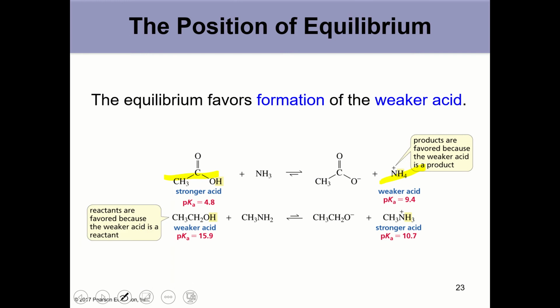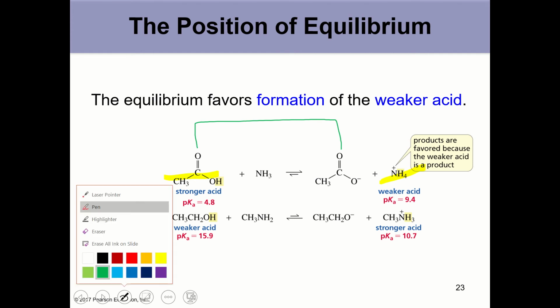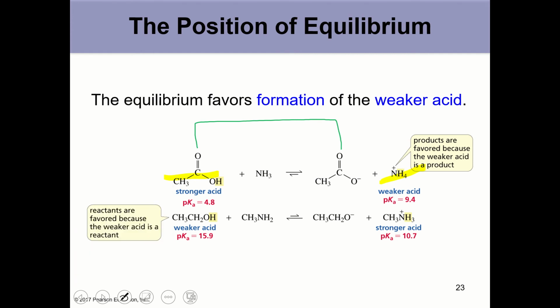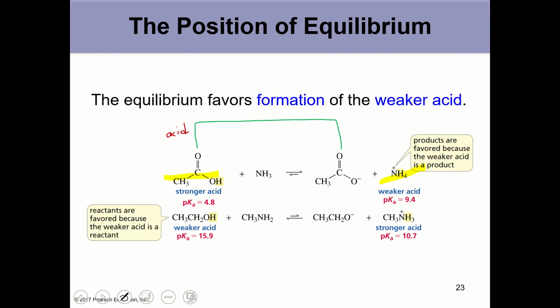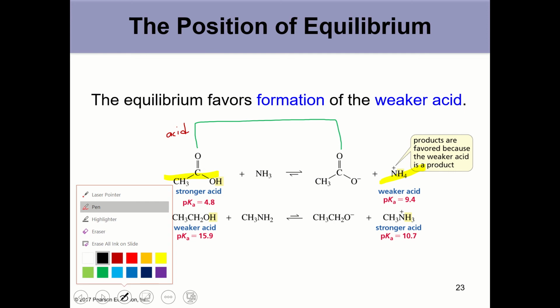So first identify the molecules that only differ by one hydrogen. Then looking at those two, you can label the one that has one more hydrogen than the other as the acid, and the other, which has one less hydrogen, as the base.